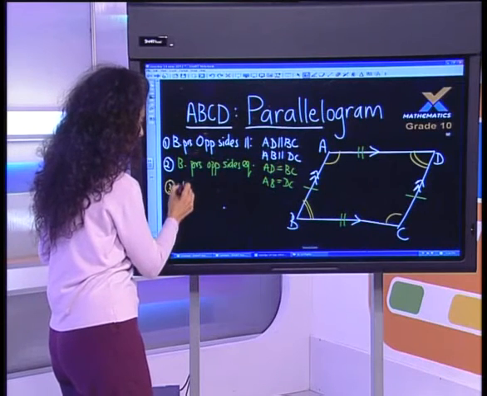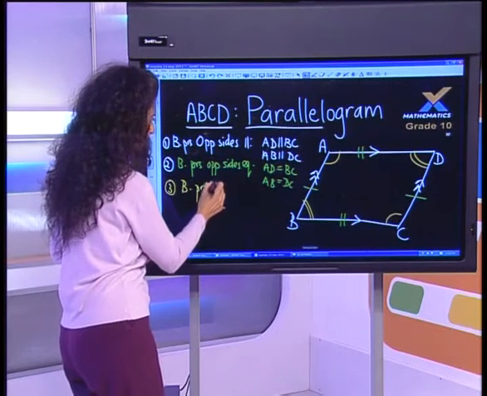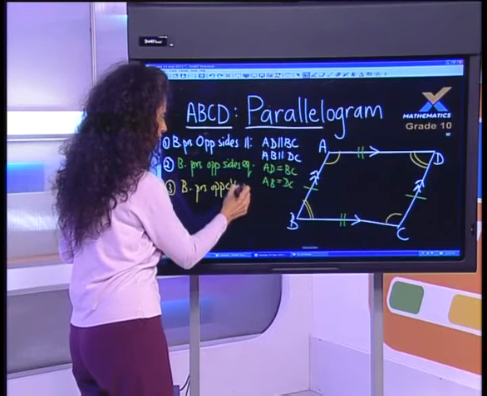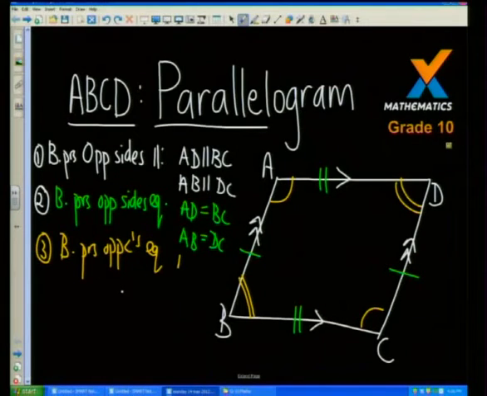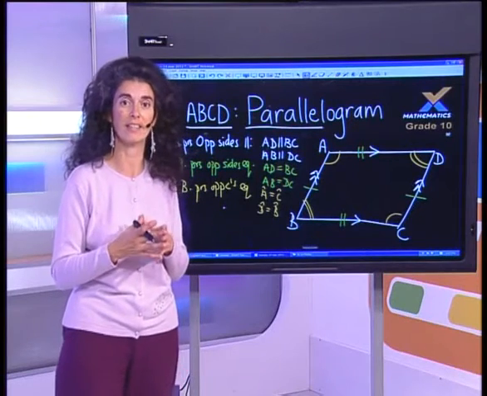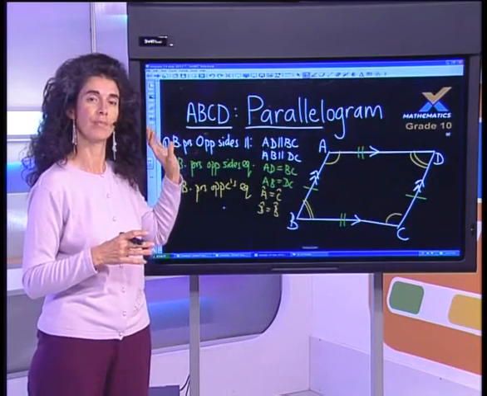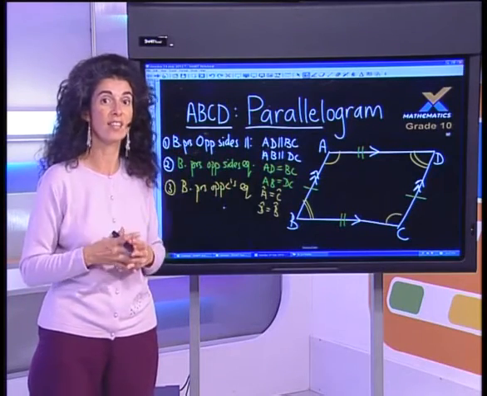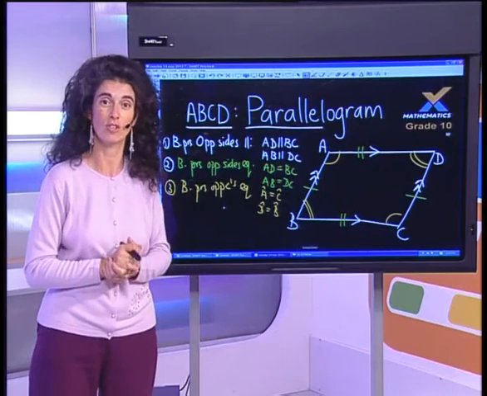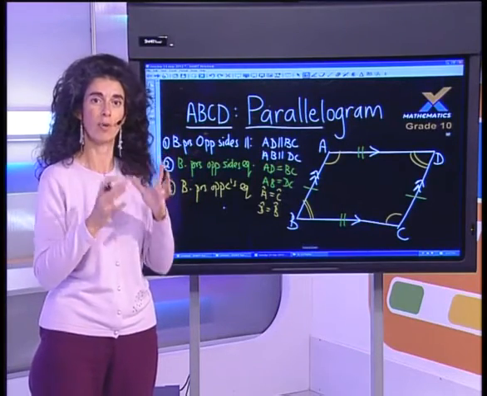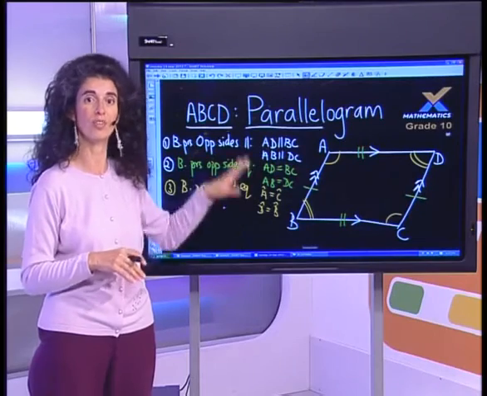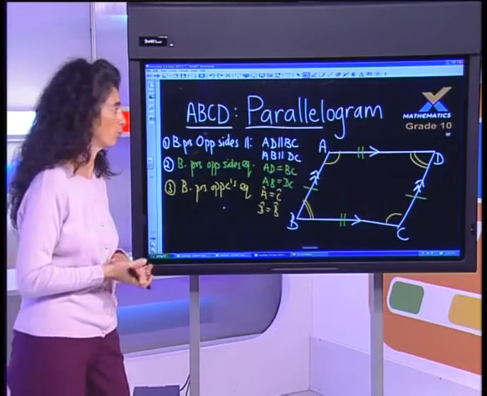So our third one will be both pairs of opposite angles are equal, which means in this case, A is the same as C, and D is the same as B. And you'll see later on when we do a rider, when we actually calculate angles or we prove angles, that we're going to utilize these as reasons for putting these conditions on the figure. Because we know something is a parallelogram, then it holds true that all these things are in fact true.